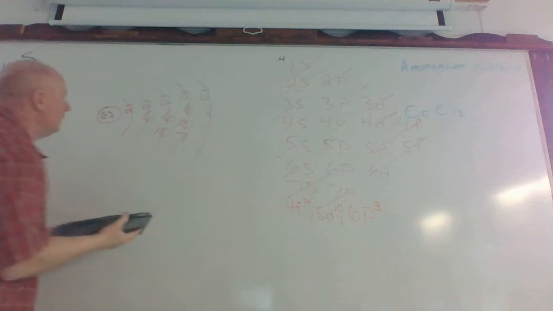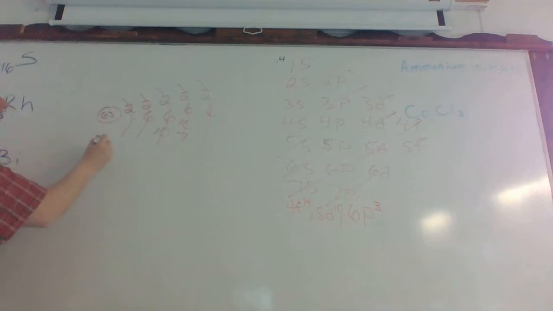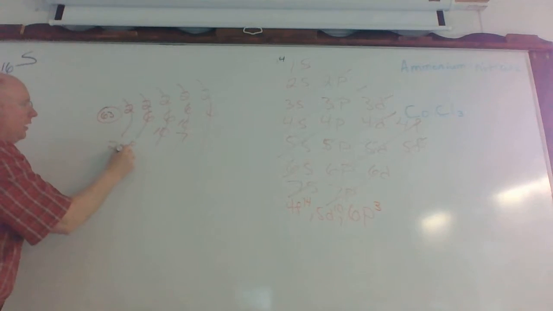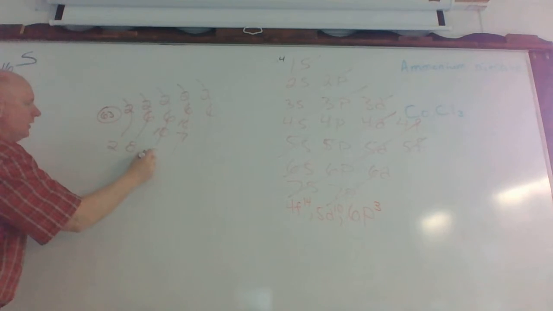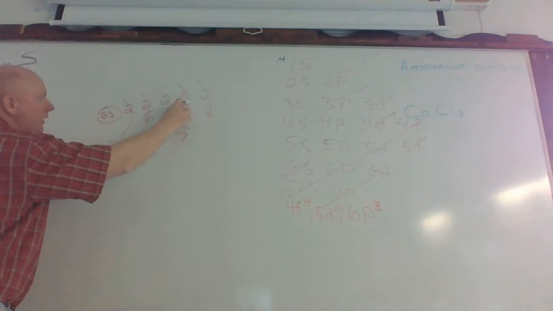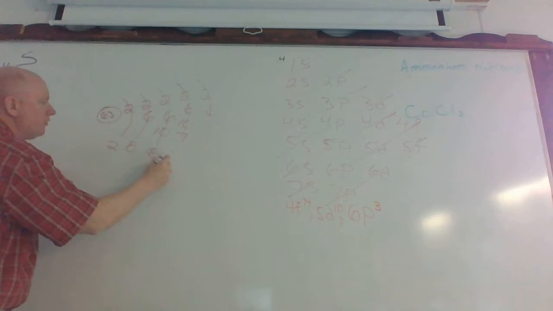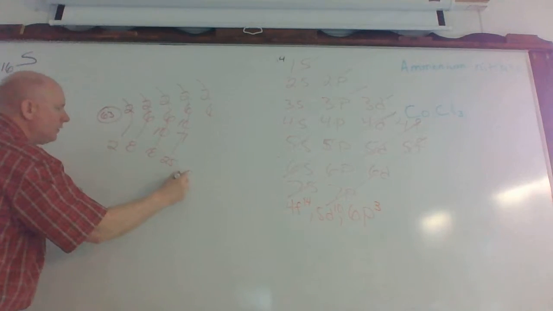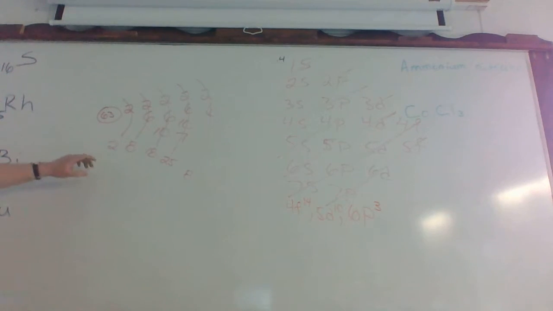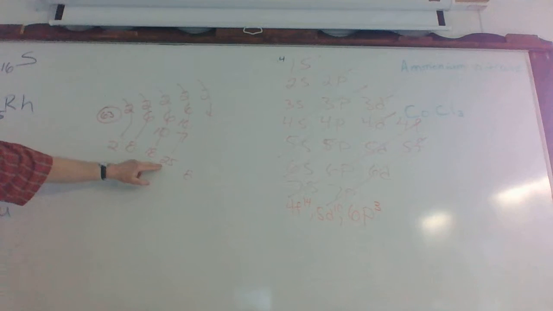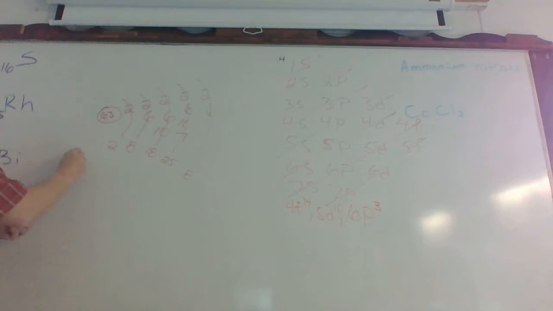Start over here. Okay, so 2, 8, 18. Okay, 18 and 7 is 25 and 8. Okay, let's try this again. Okay, 33. And then these two is 26 and 2.